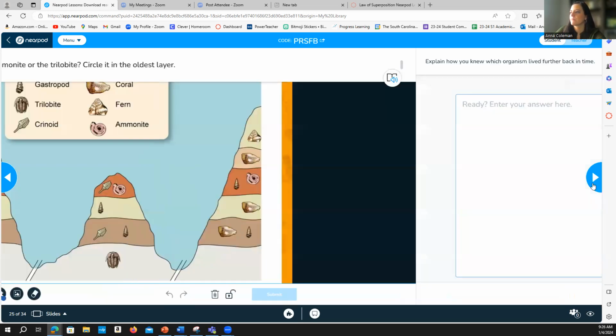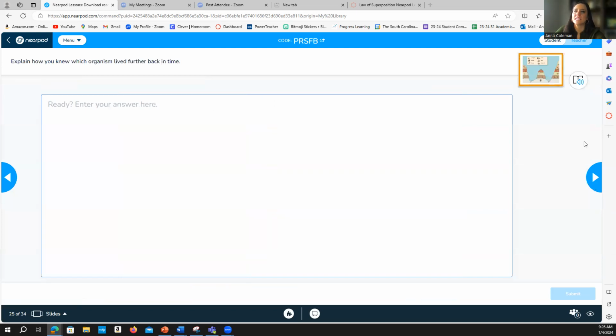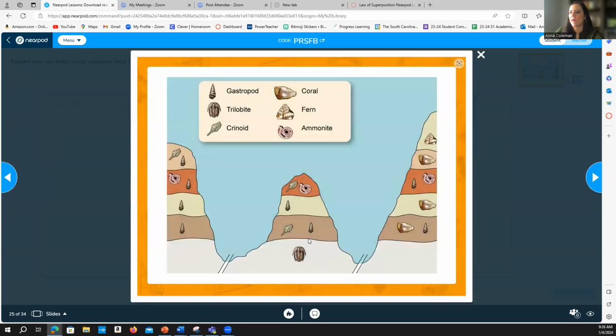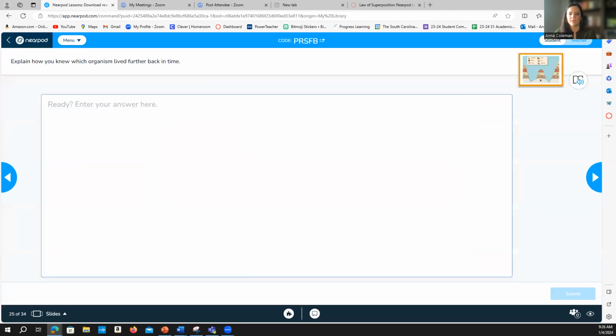All right? Explain how you knew which organism lived further back in time. So how did you know that this one, the trilobite, not sure exactly how it's pronounced, was the organism that lived back in time? Go ahead and explain your answer. I'm going to give you 2 minutes.